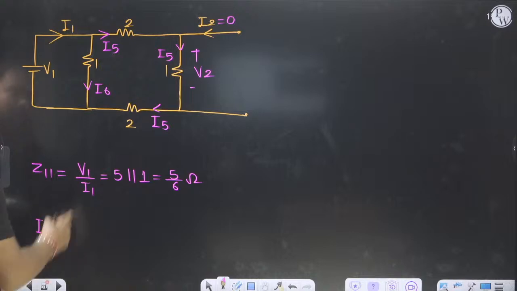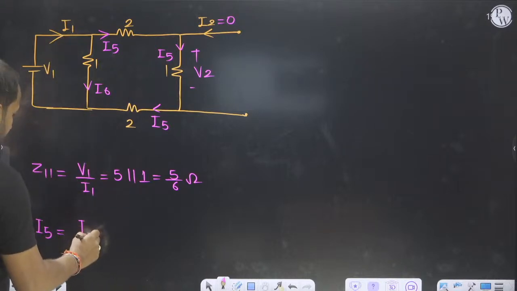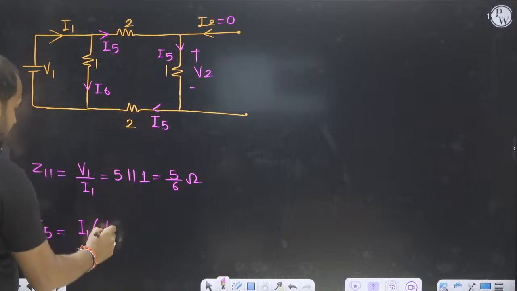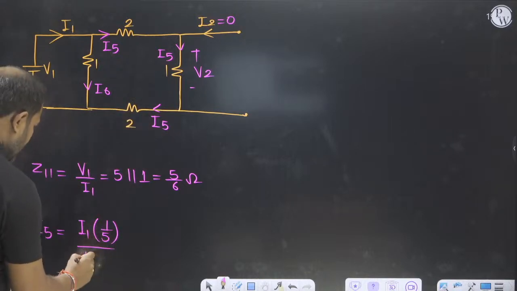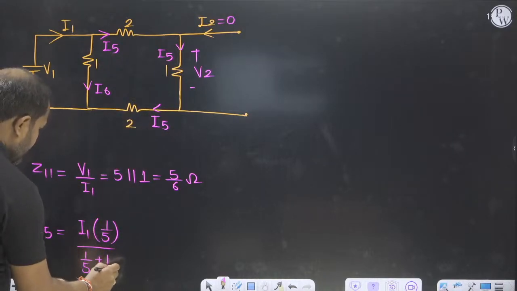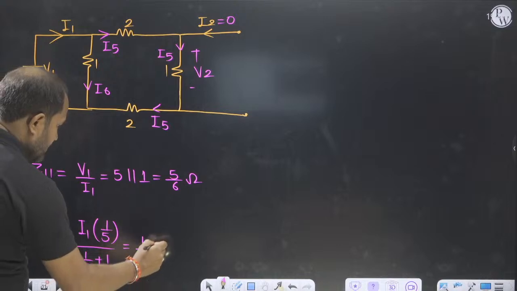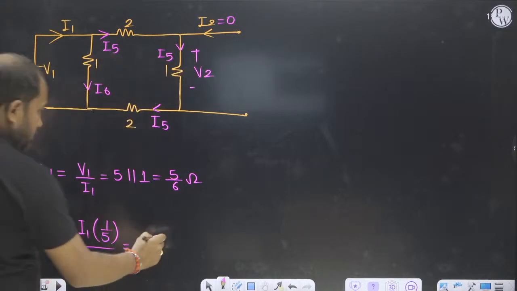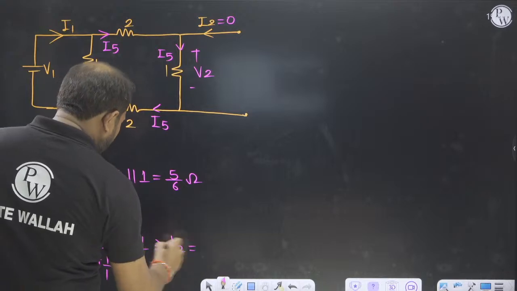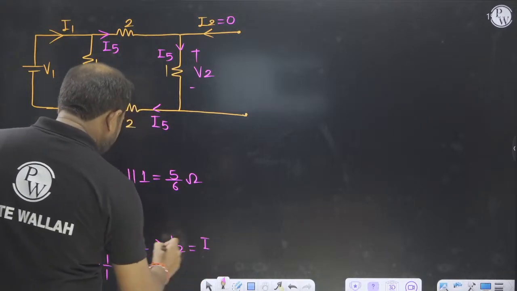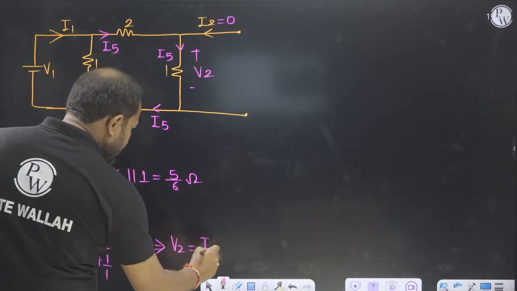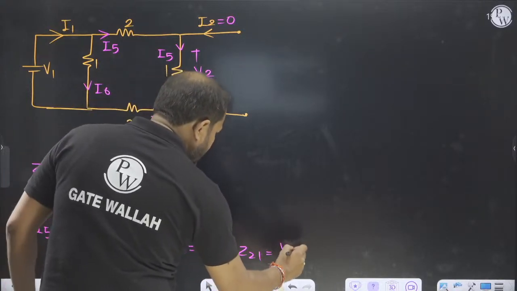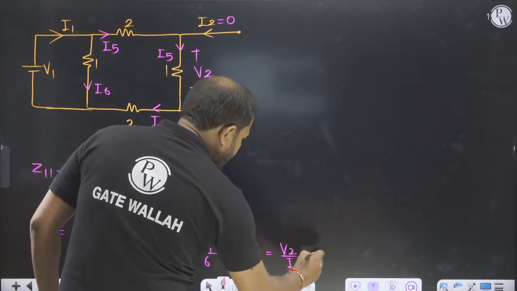I5 is equal to I1, the total current, times 1 by 5 divided by 1 by 5 plus 1 by 1, so it will be I1 by 6. V2 is equal to I5, so Z21 will be equal to V2 by I1, which is 1 by 6 ohm.